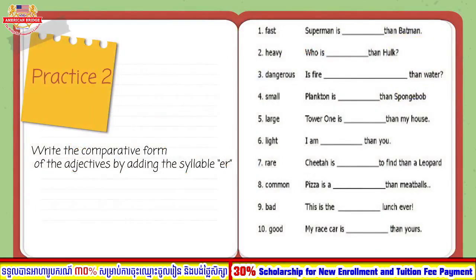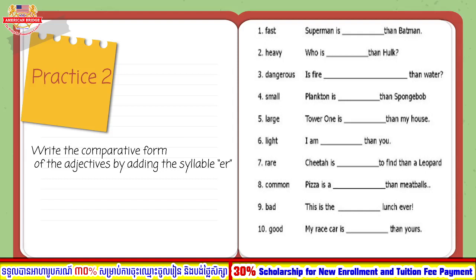For practice 2, you also need to write this into your notebook. You need to write the comparative form of the adjective by adding er. Here we have 10 sentences, and in each sentence we have an adjective that you need to change to comparative.